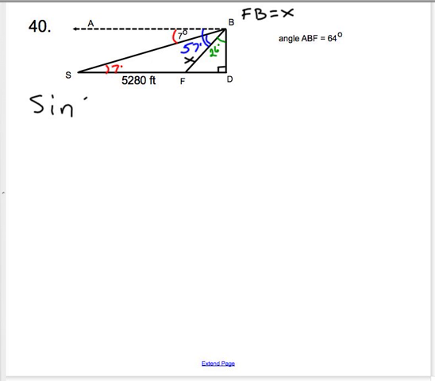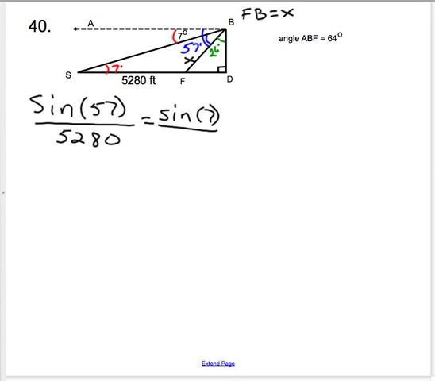I'll say the sine of 57 over 5,280, that's 1 mile, is equal to the sine of 7, the red 7, over x. And I'll do cross multiplying and dividing: sine of 7 times 5,280 divided by the sine of 57, and I'll have x to be about 767.25 feet.